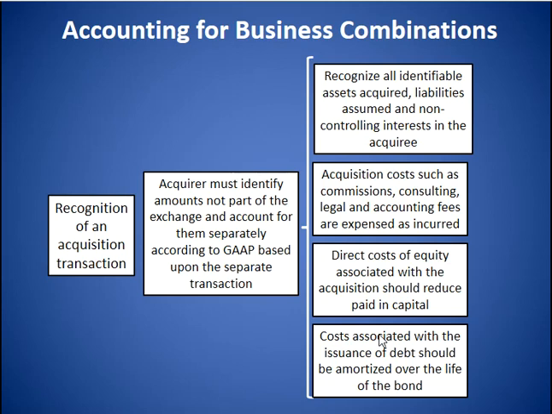That's typically accounted for separately from the entire exchange. An example of that would be where an acquiree, in other words the organization being acquired, decides to make, or agrees to make, severance payments to certain executives when this expected combination is completed.